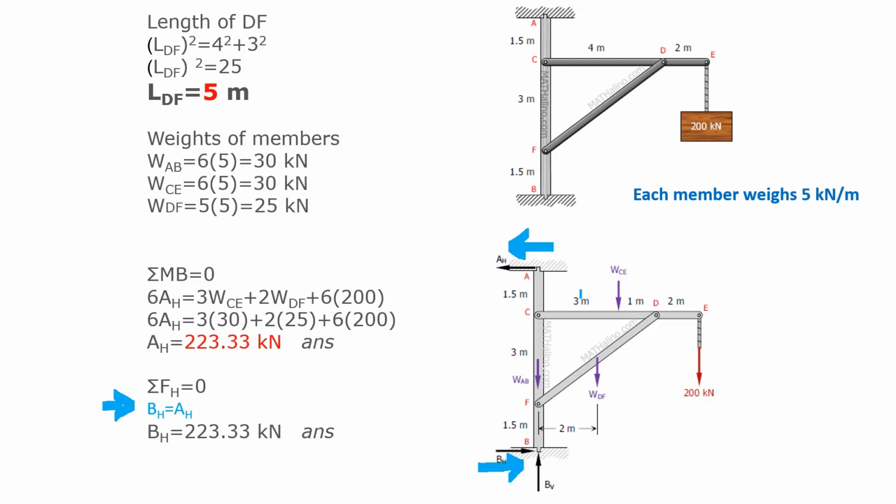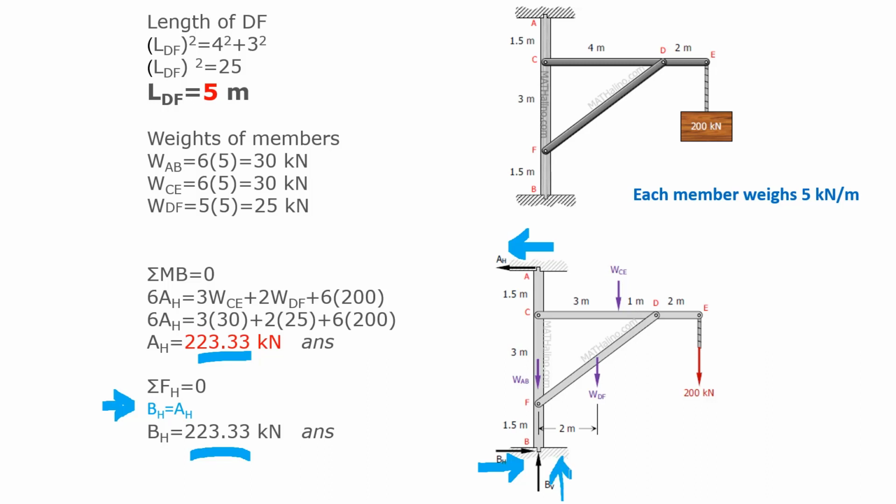So in this horizontal direction, there is no other force. For that reason, BH is equal to AH. And we find this AH force, so it is equal to 223.33. Same number with AH. Now what is left? B vertical is left.